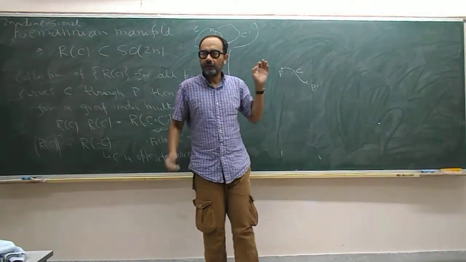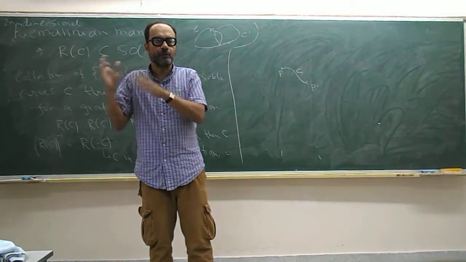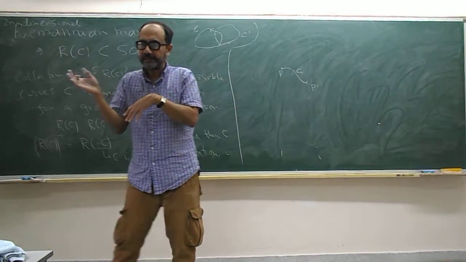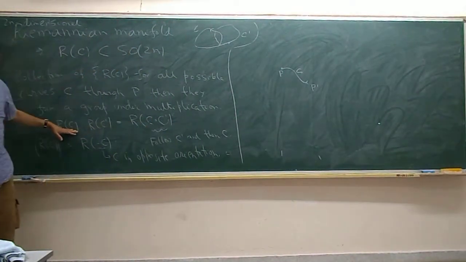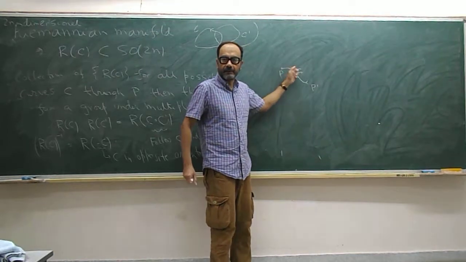So this way, we can make a one-to-one correspondence between the paths through P and the paths through P prime. And one can show that this one-to-one correspondence, what it does to the matrix RC, is essentially conjugation by a fixed matrix. That fixed matrix is the matrix that you pick up in going from here to here.